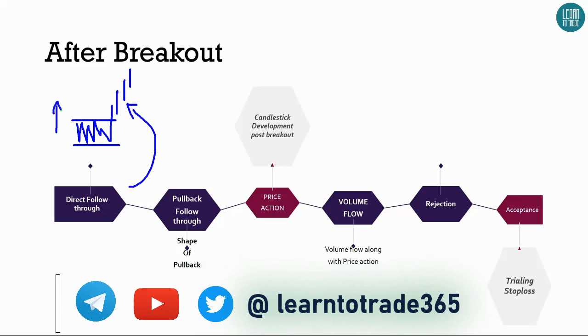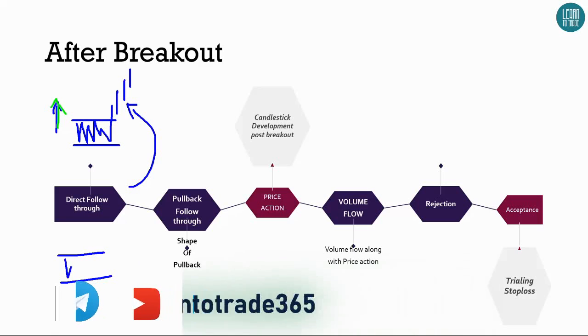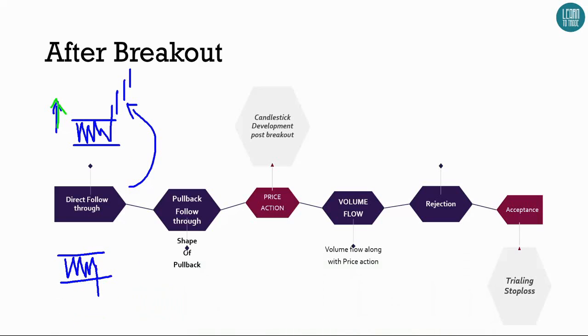In this case, the breakout is towards the upside, so we check whether we get a direct follow through in the direction of the breakout. The same rule applies for a downside breakout also. Once price makes a breakout, it continues. This continuation of the price in the same direction is called follow through.